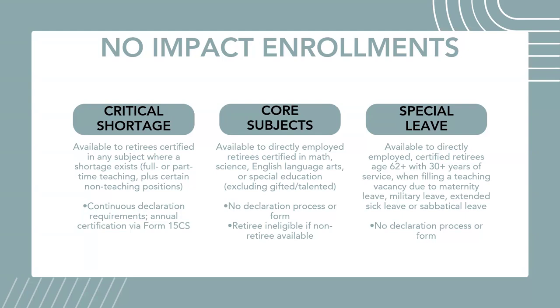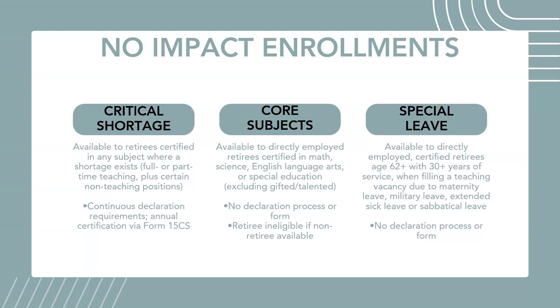They're critical shortage light, if you will. Both core subjects and special leave will sunset in 2027. So they're temporary in how long they're around for, but they're also temporary in nature, in that, you know, leave circumstances are temporary. But with the core subjects, you cannot guarantee a retiree can sit in that position with no impact to their benefit for an entire school year.